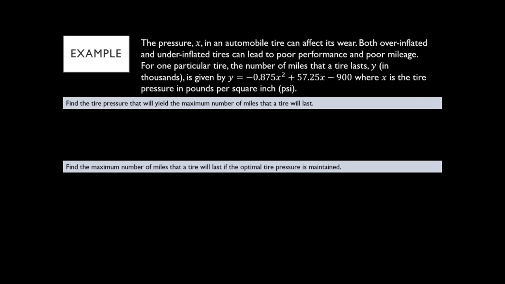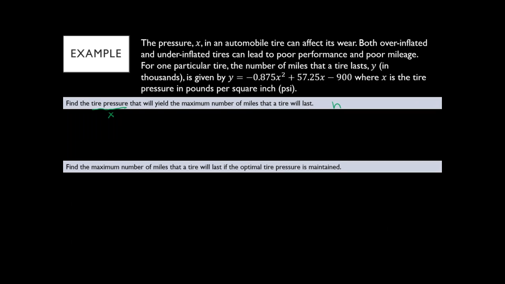So we want to find the tire pressure that will yield the maximum number of miles that a tire will last, and then find the maximum number of miles that a tire will last if the optimal tire pressure is maintained. That word maximum tells us we're finding the vertex, and it says find the tire pressure, which is x. So in this case we're looking for h, because that's the input value.